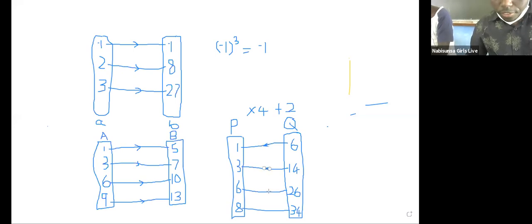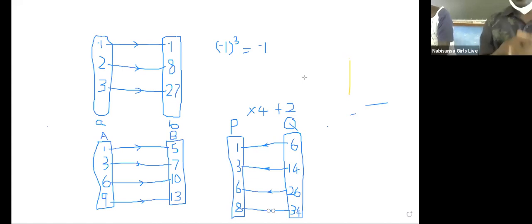You see now the arrow is facing that side, eh? Clear. So I have changed the direction of the arrows. The other time they were coming from P to Q. So P was domain, Q was range. Now they are coming from Q to P. Now their names have changed. Now it is Q which is the domain and it is P which is the range.